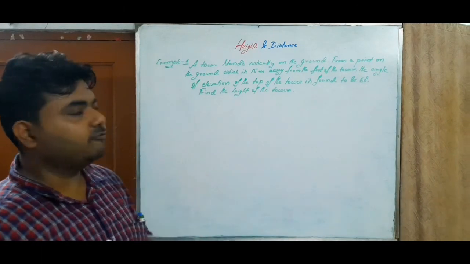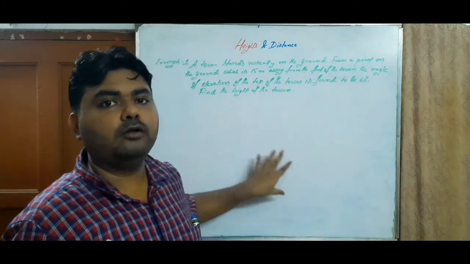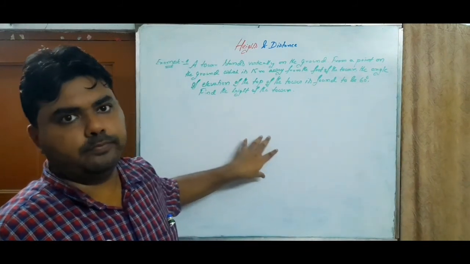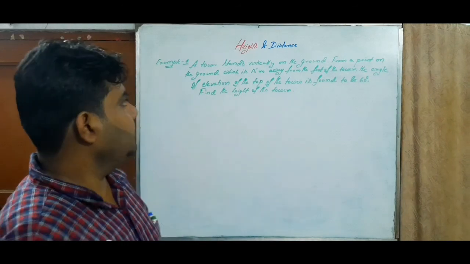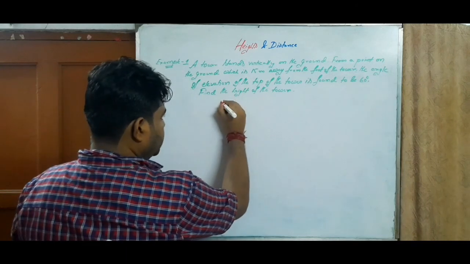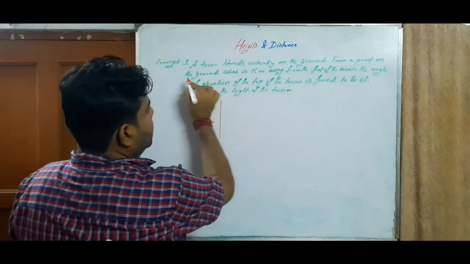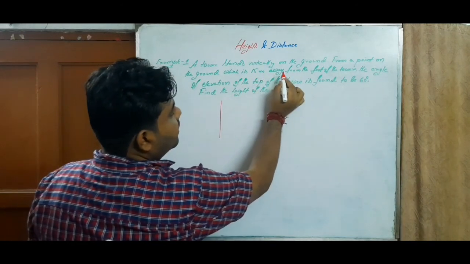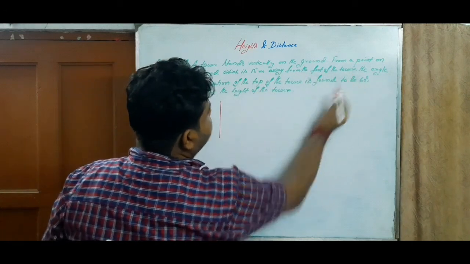So first we have to draw the figure or the diagram. This is the most important part of solving a problem. A tower stands vertically on the ground. From a point on the ground which is 15 meters away from the foot of the tower.